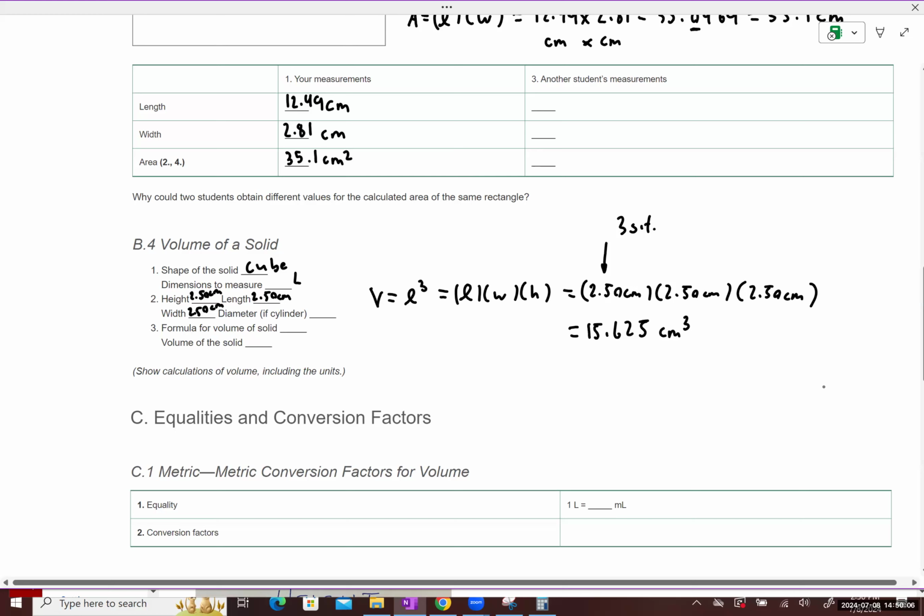But we aren't done. We find our third reported significant digit. We look one space to the right because 2 is less than 5. We round down, and that gives us 15.6 centimeters cubed.